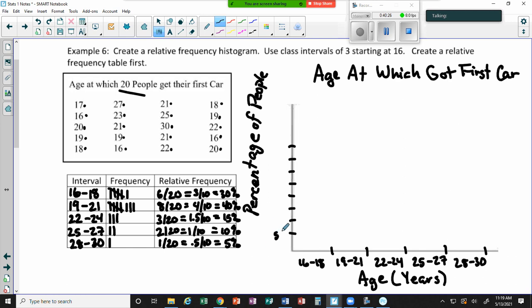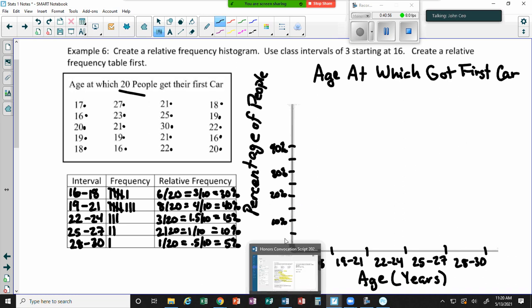So 5%, 10%. Now, you don't necessarily have to label all of them. What I might do is do this to make it a little neater. Count by fives, but only label like the tens. So 10, 20, 30, 40. Okay? So nothing says you have to label every one. As long as you make the intervals the same, okay, then you're good to go.